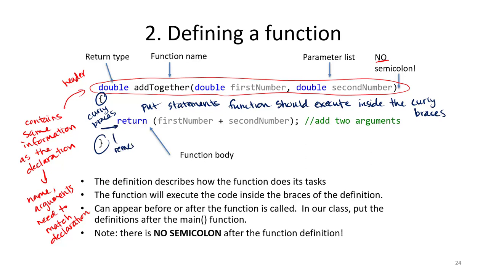And notice, remember to indent inside the braces. In this case, this add together function is actually very quick to write. We can write the function's statement using a single line of code. Since we are just adding first number and second number together, all this function needs to do is return first number plus second number.